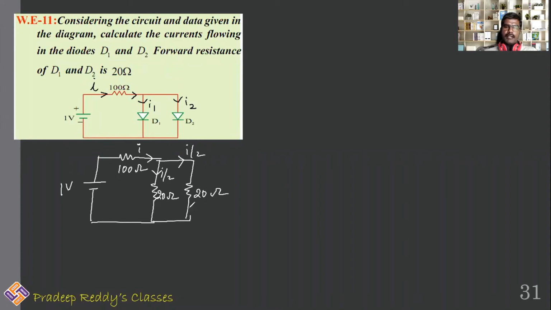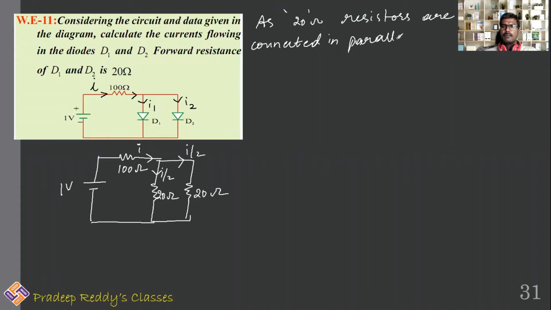In order to find out net current in the circuit, the 20 ohm resistors are both connected in parallel. So as the 20 ohm resistors are connected in parallel, their equivalent resistance is 10 ohm.